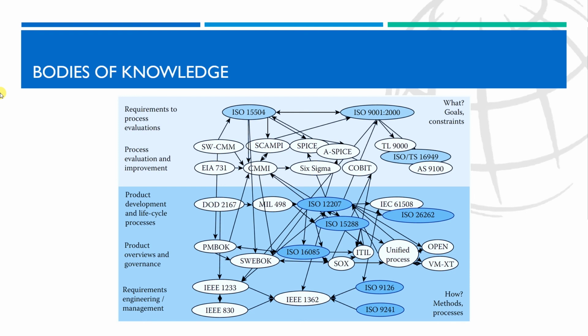For example, the Guide to the Systems Engineering Body of Knowledge, the Graduate Reference Curriculum for Systems Engineering, and the Association for Computing Machinery and the Institute of Electrical and Electronics Engineers Computer Society curriculum guidelines for undergraduate degree programs in software engineering. These also focus significantly on requirements engineering processes and activities.